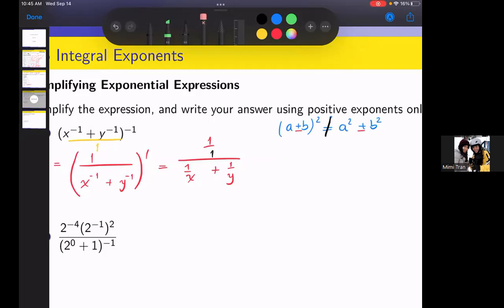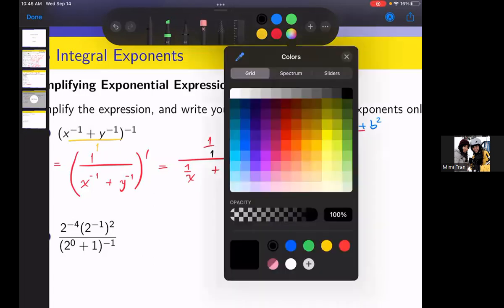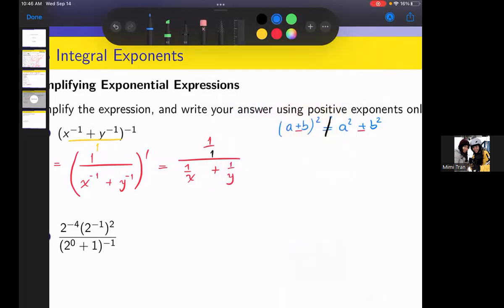I'm going to use the ultimate LCD method. So what I'm going to do is multiply, I'll use blue, xy over 1. And then in the bottom, I do the same, xy over 1. So xy divided by xy is 1. I did not change anything. Well, xy over 1 times 1 over 1 is still xy over 1, well, just xy.